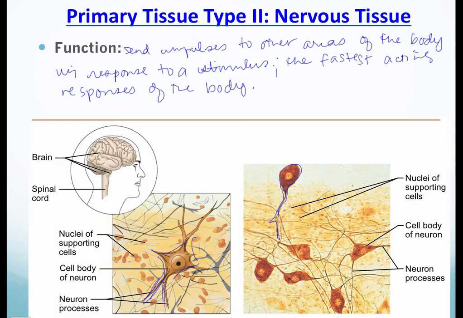They receive messages from other cells, and then we can conduct and send that message out to other neurons, or to other regions of our body, through axons. Okay, so two different things. Supporting cells, here are those supporting cells, help ensure that we have this nice protective covering called myelin, that all of our neurons are covered with to ensure that they're actually working.